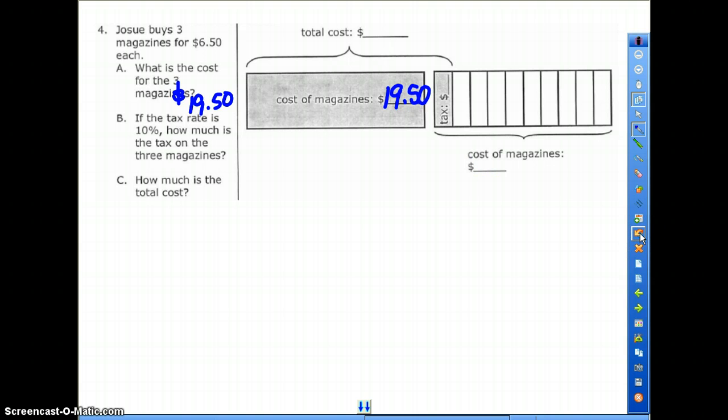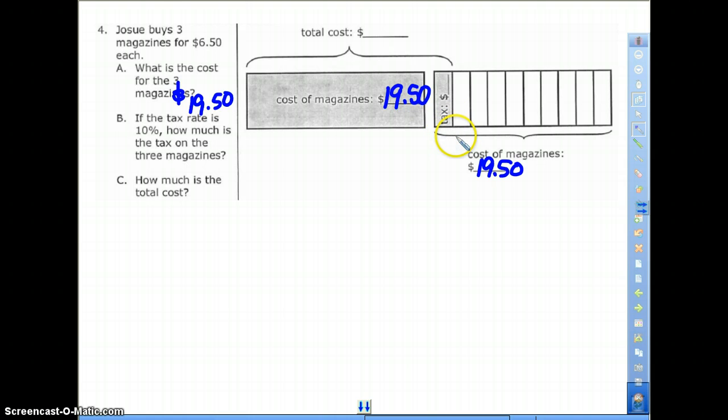All right, part B says, if the tax rate is 10%, how much is the tax on the 3 magazines? Well, okay, this whole bar here represents $19.50. It's the same length as this bar here.